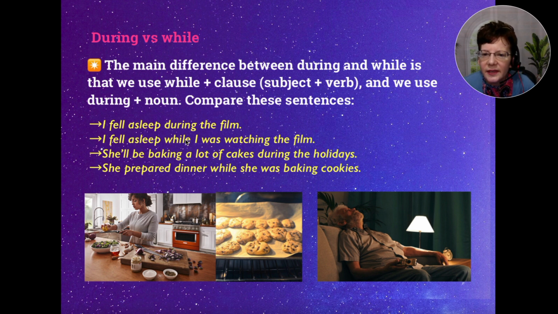Two things at the same time, fell asleep and watching the film. And then we have, she will be baking a lot of cakes during the holidays when the holiday time comes. Or she prepared dinner while she was baking cookies. So doing two things at once.